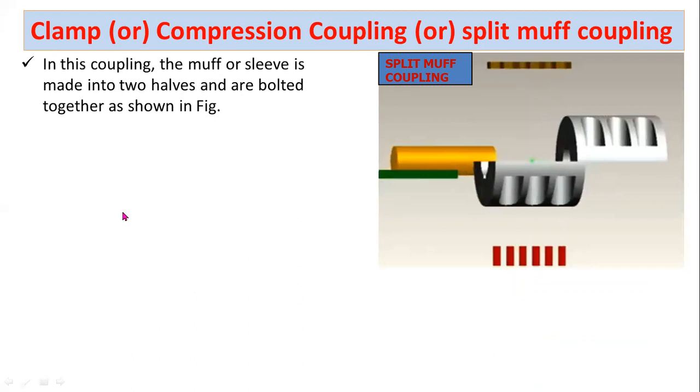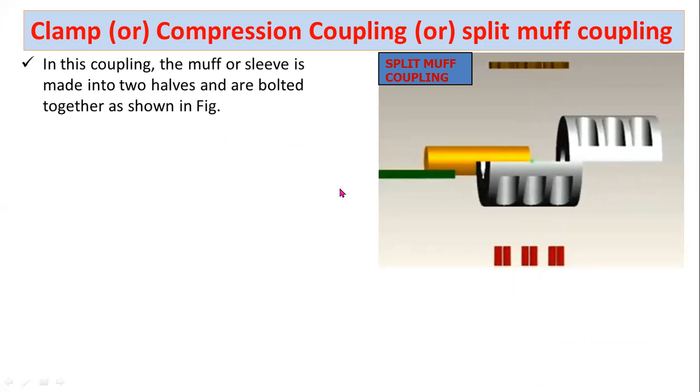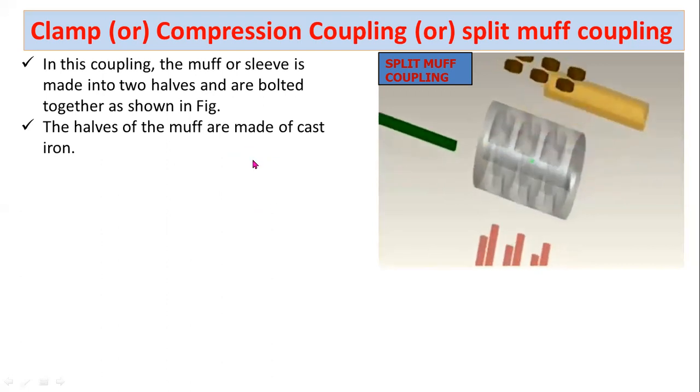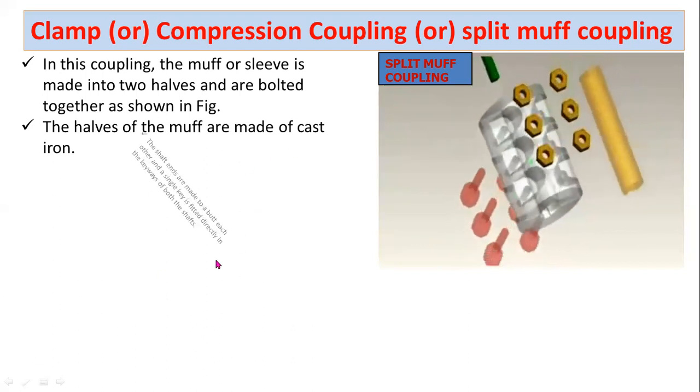In this coupling, the muff or sleeve is made into two halves and are bolted together as shown here. The halves of the muff are made of cast iron. That means the material used for coupling is cast iron.